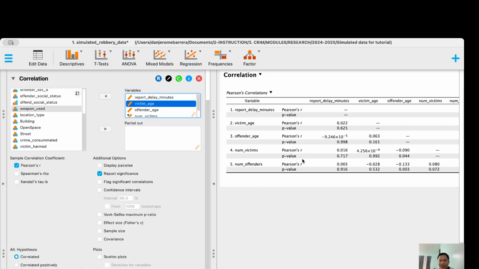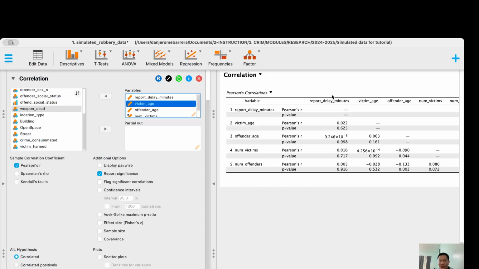For number of victims, the relationship is positive but not significant also because the p-value is higher than 0.05.